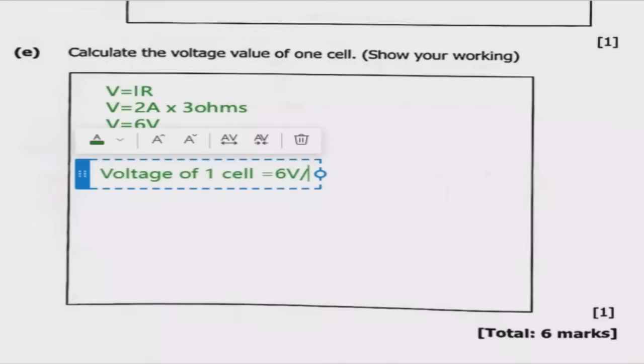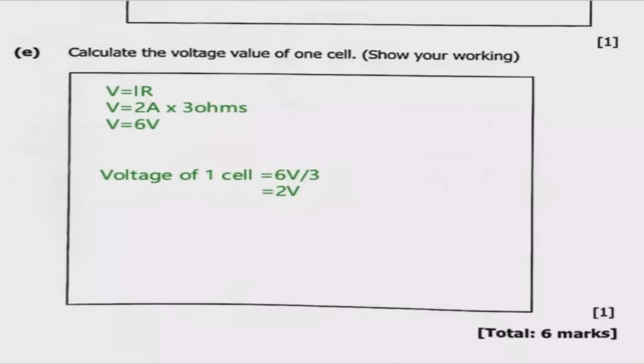We identified that in the circuit there are 3 cells, so we divide by 3. 6 volts divided by 3 will give us 2 volts. So the voltage of one cell is equal to 2 volts.